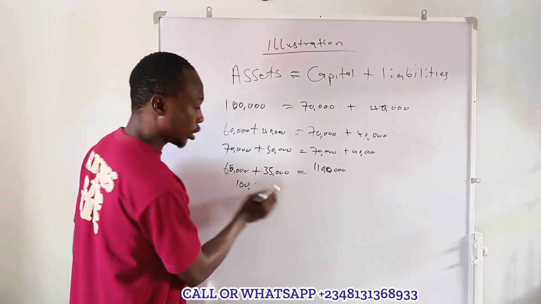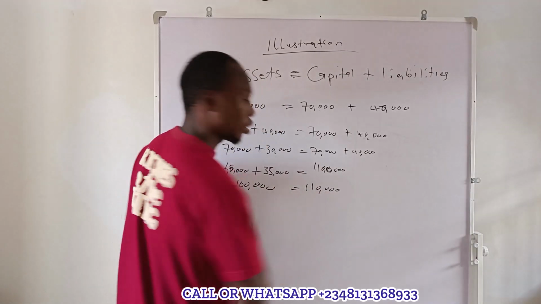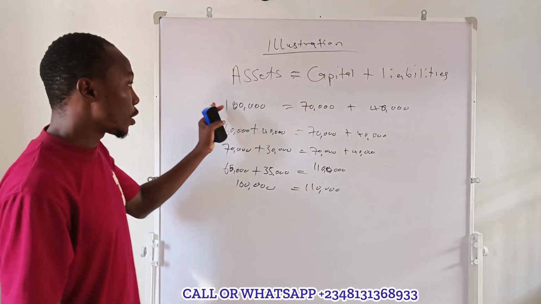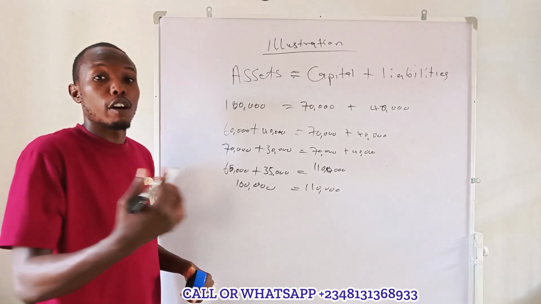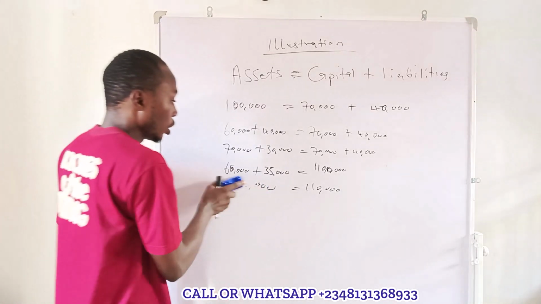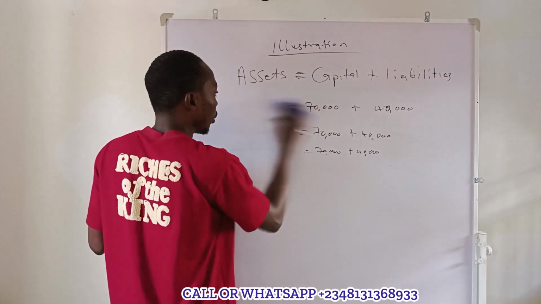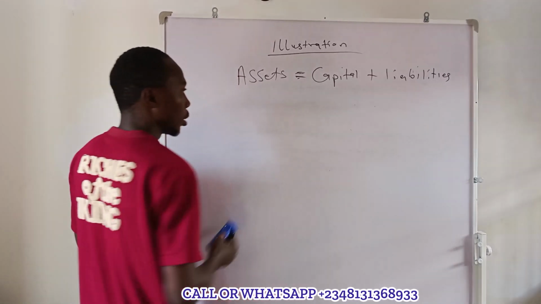So that is 100 and 90, that is 100,000 equal to 110,000. Now this is one scenario, right? This is a case of undervalue. Then if it is overvalued, we use the same approach to record the overvalue. So let's go for the overvalue aspect.